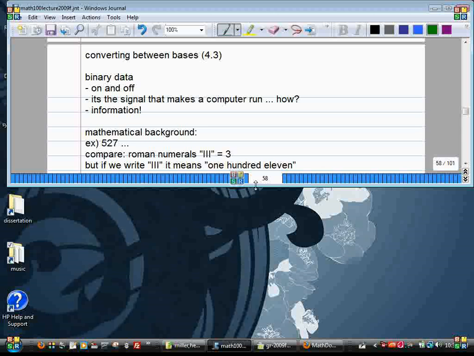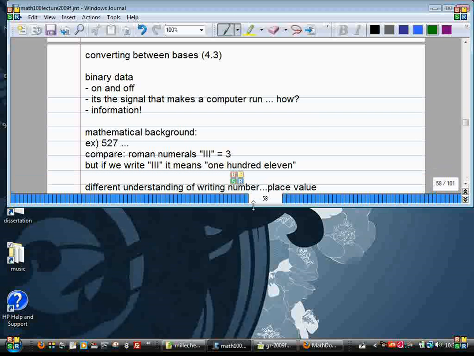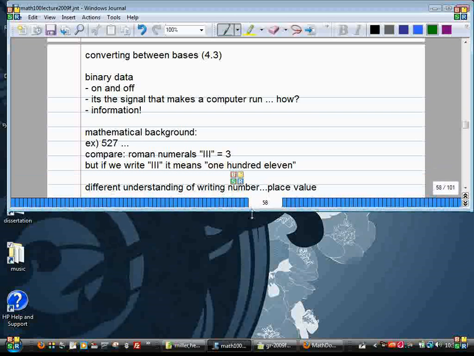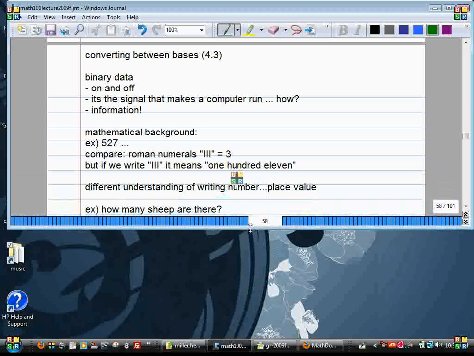So a quick overview in the history of numbers, skipping over some steps. Understanding place value. Back in the day when sheep farming was the big occupation, it was important, and eventually they developed a way to keep track of how many sheep they had.